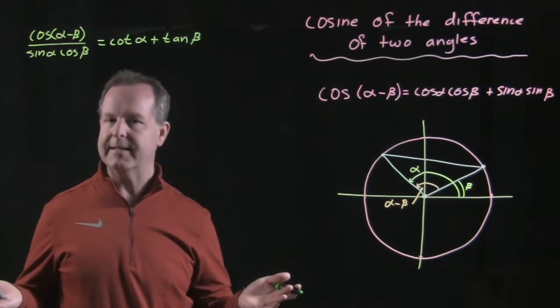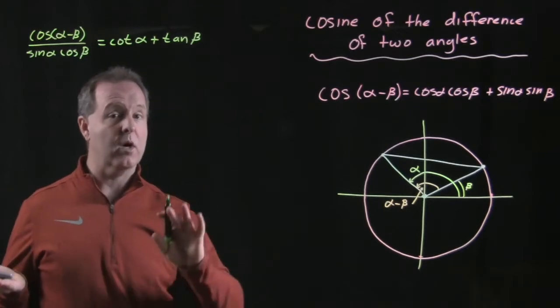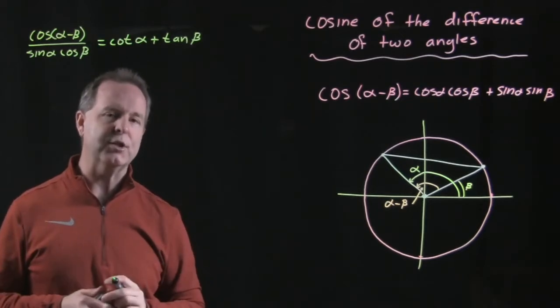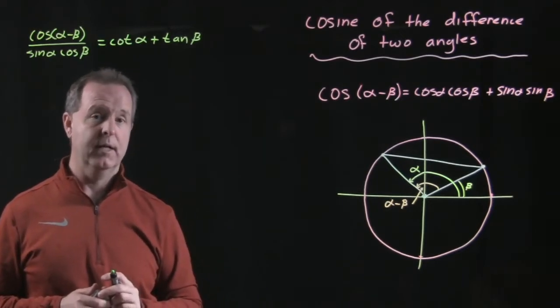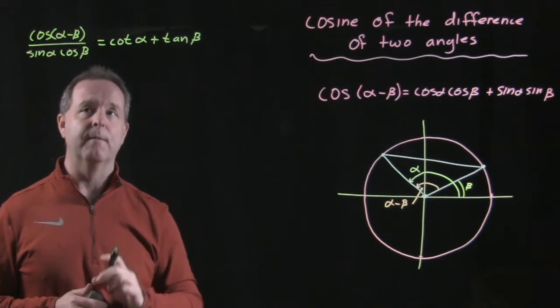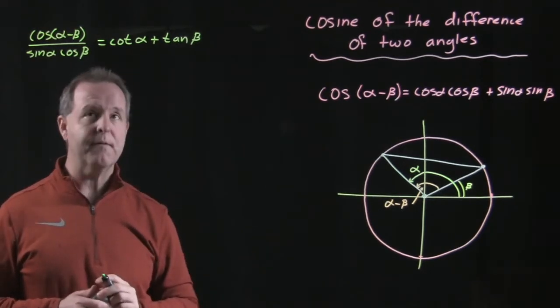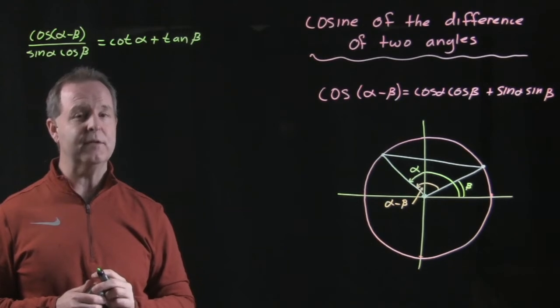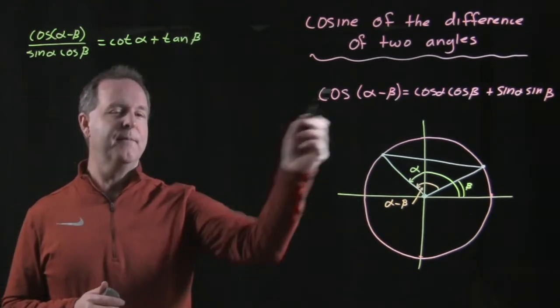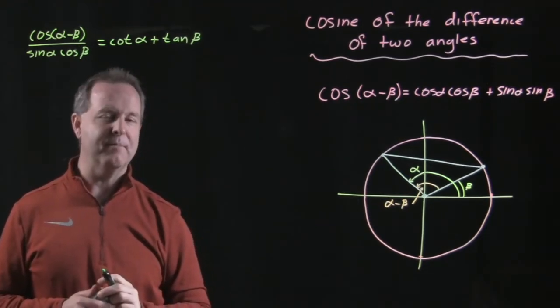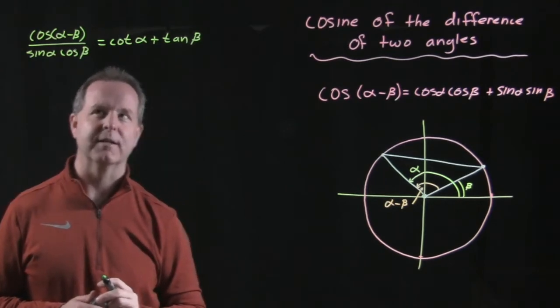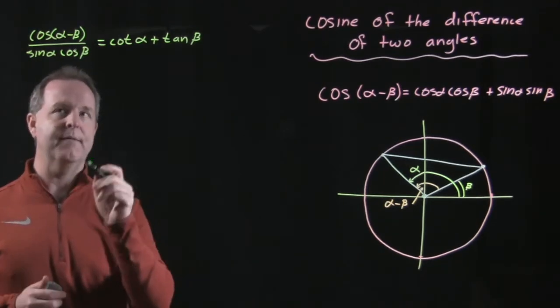So how do we verify identities? Typically we work on one side, and we typically choose the side that looks a little bit more difficult as we work our way through. The left side, I'm going to start there. It looks a little bit more difficult, but it also has this new difference angle involved as well. So maybe I need to use it and go in that direction. So let's go ahead and just work on the left side.